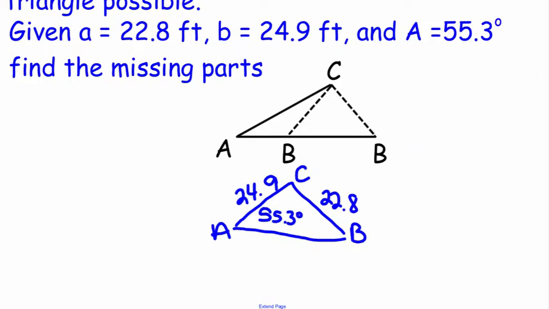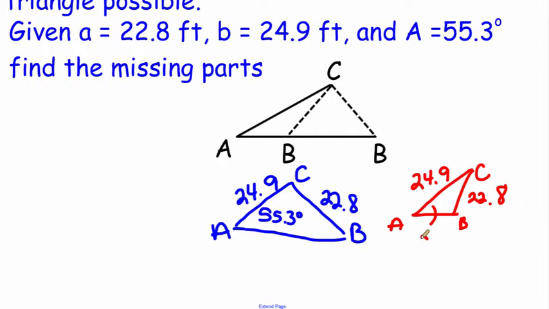And then I also draw the other triangle, which is what happens if B is an obtuse angle. Here's A, here's B, here's C. This is still 24.9, this is still 22.8, and this angle right here is still the 55.3 degrees.